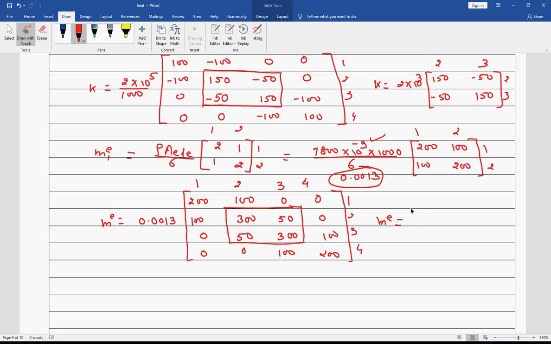So my global mass matrix would be 0.0013 times [300, 50; 50, 300]. Okay. So just verify these values and let me know whether it is correct or not.